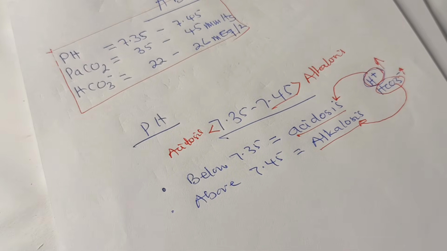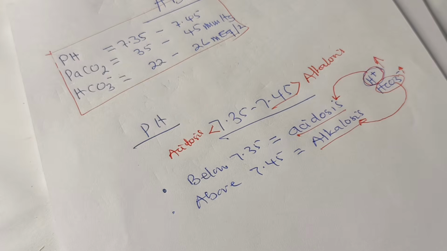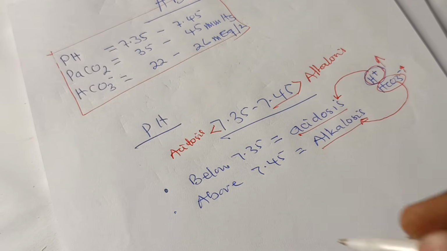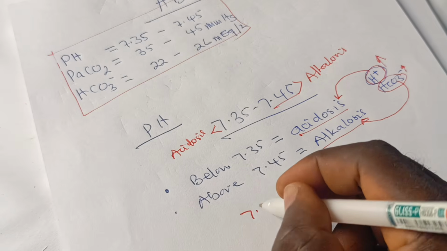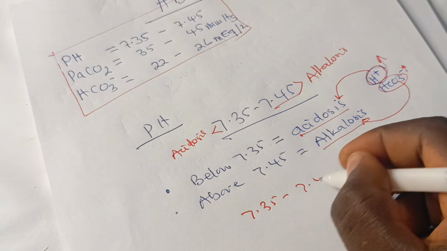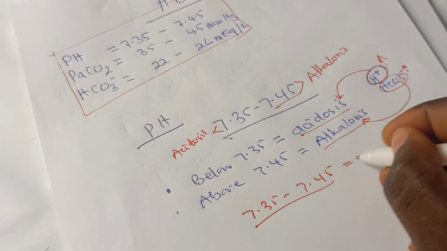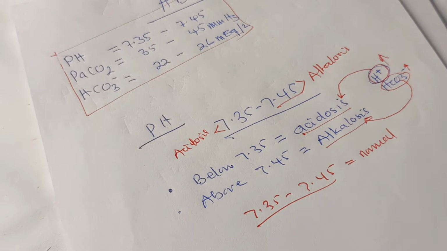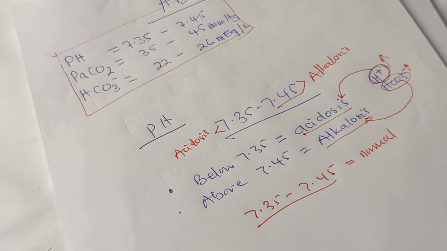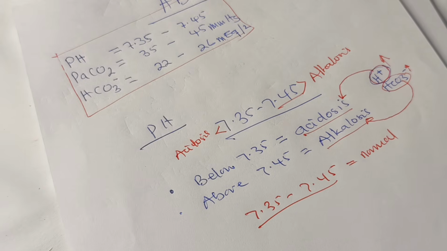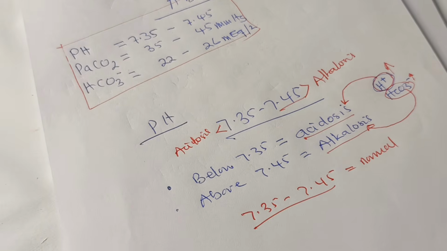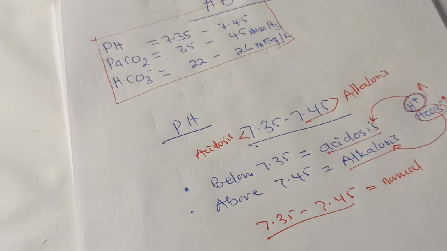Don't forget this because it's crucial as we move on. Now, what happens when the value is between 7.35 and 7.45? This is normal. Okay, the pH is normal. But the patient may still have something going on we call compensation, but we'll come to that later.